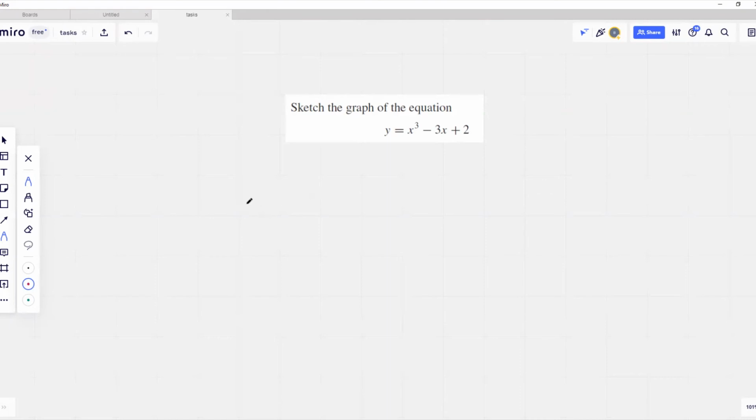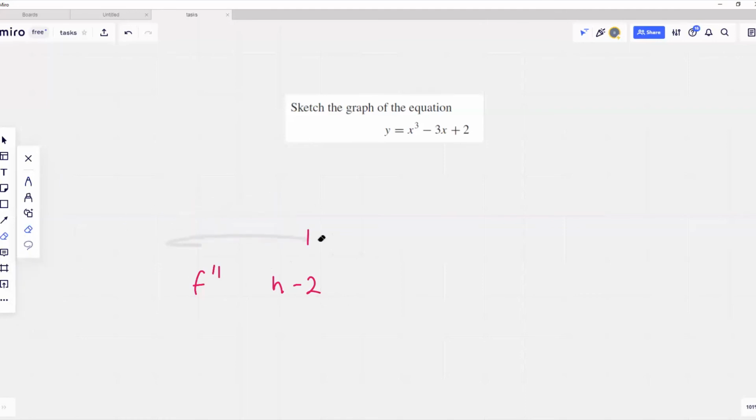Since if we have a polynomial of degree n, then the first derivative will be a polynomial of degree n minus 1, meaning that it will have at most n minus 1 roots, and the second derivative of this polynomial will have at most n minus 2 roots, since the second derivative will be a polynomial of degree n minus 2.